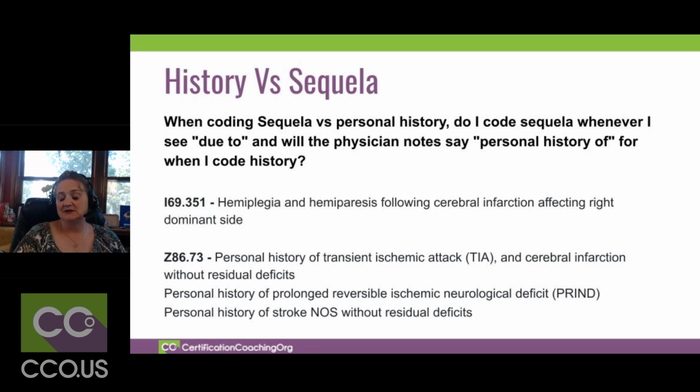Now, sometimes there's none, which is not very often, but they could get treatment right away and not have any late effect. Or a lot of the times they do.